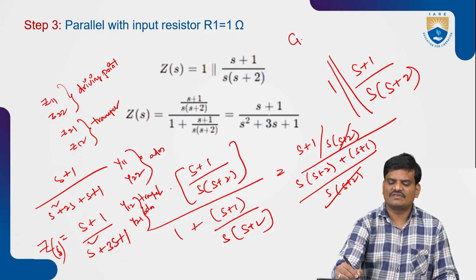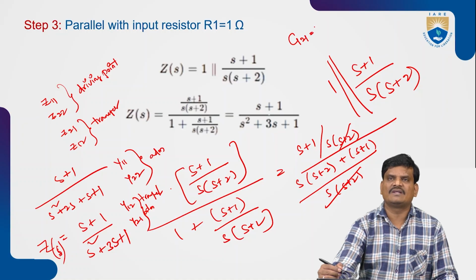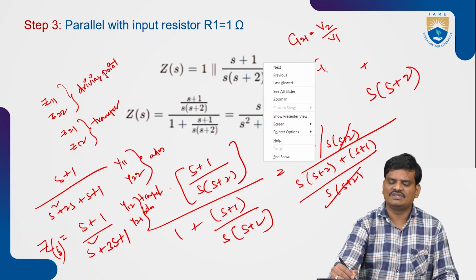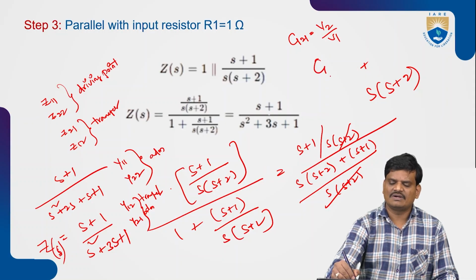Similarly, the voltage transformation ratio is represented by the letter G. G21 is V2 by V1, and G12 is V1 by V2.